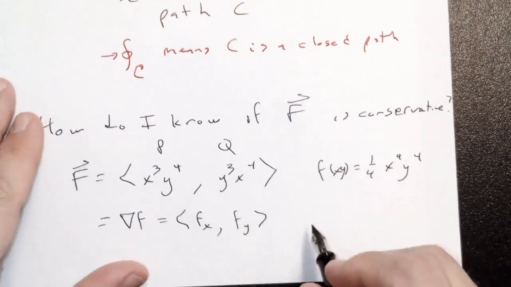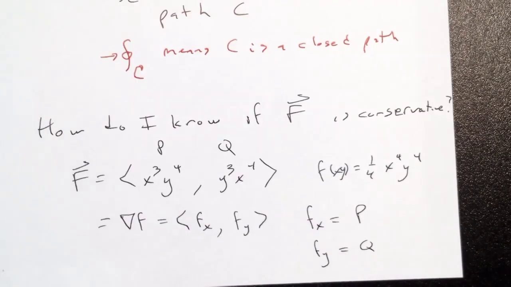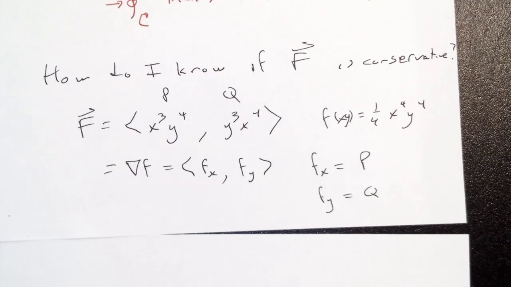So what I'm saying is that f_x must be P and f_y must be Q. I'm taking derivatives, right? I'm going to jump back to chapter 14. Instead of looking at first derivatives, I'm going to ask you a really stupid question. What's special about second derivatives for nice functions?